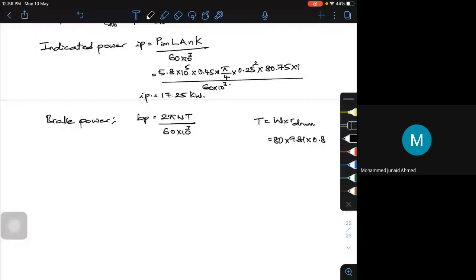If I substitute, 2 into pi into N, which is 202, into 627.84, whole thing divided by 60 into 10 to the power of 3, I am getting my brake power as 13.28 kilowatts.